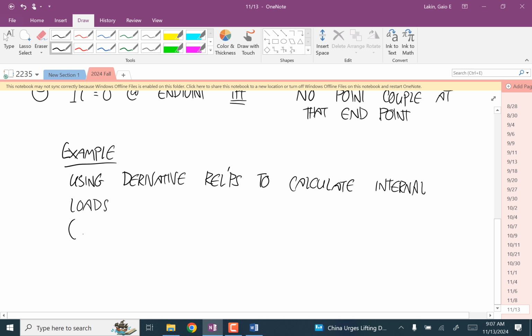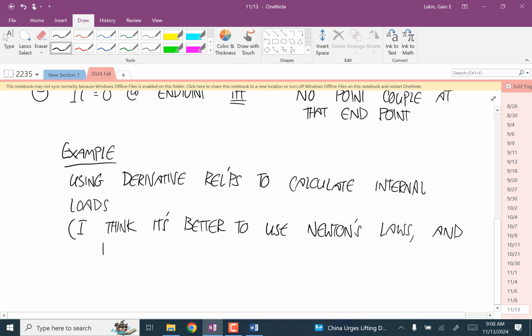And let me just put here that I think it's better to use Newton's laws and then use the derivative relationships as checks.